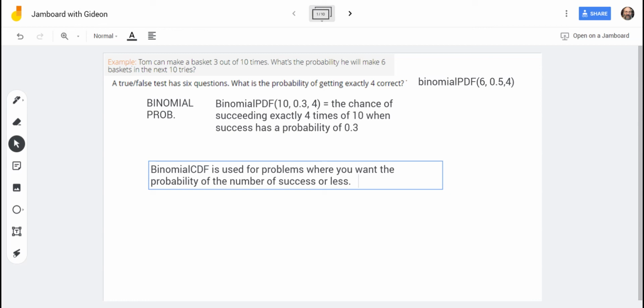Well, you could add up exactly 2, exactly 3, exactly 4, exactly 5, exactly 6, and write them each down. But it's probably easier just to go cumulative 0 to 6, and then subtract off cumulative 0 and 1, right? Do a cumulative up to 6, and then do a cumulative up to 1, and subtract. So all that's left is 2, 3, 4, 5, or 6 successes. So that's the only final trick to think of.